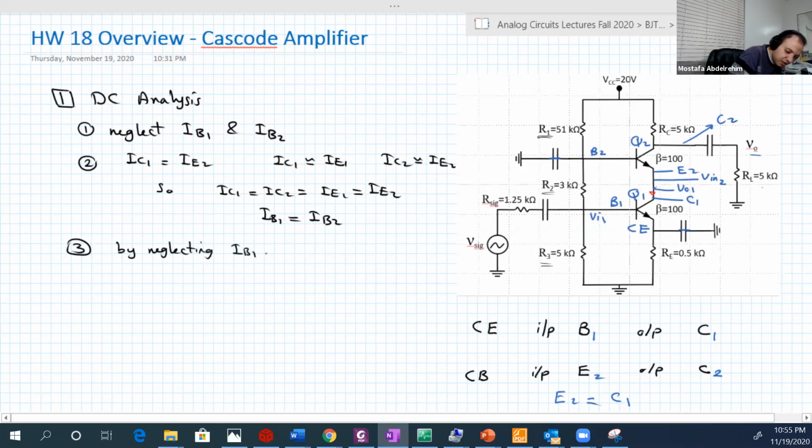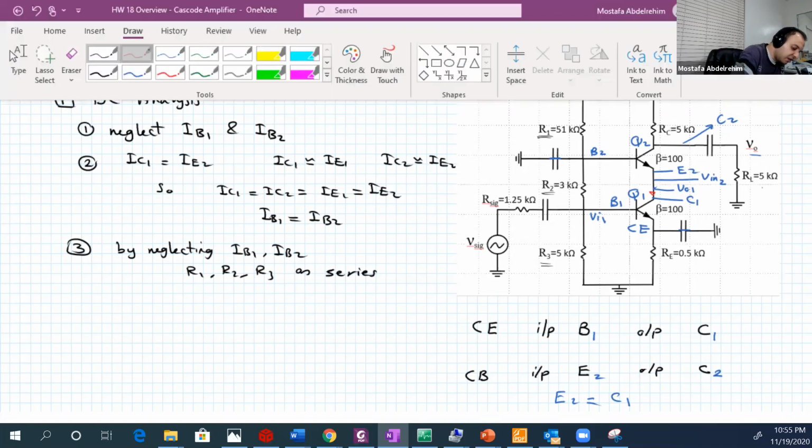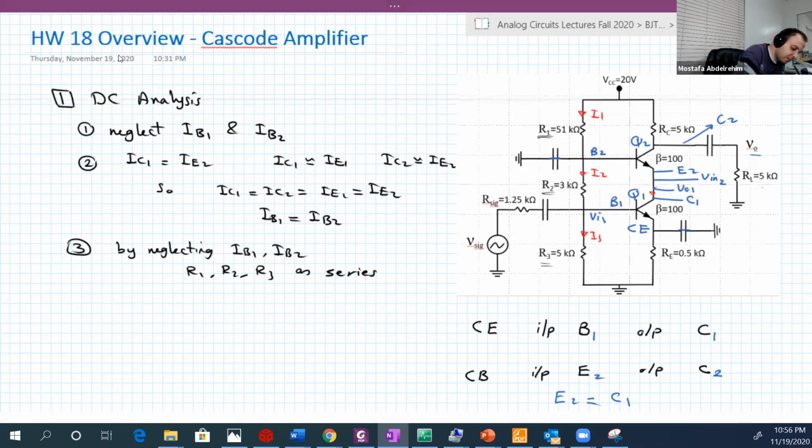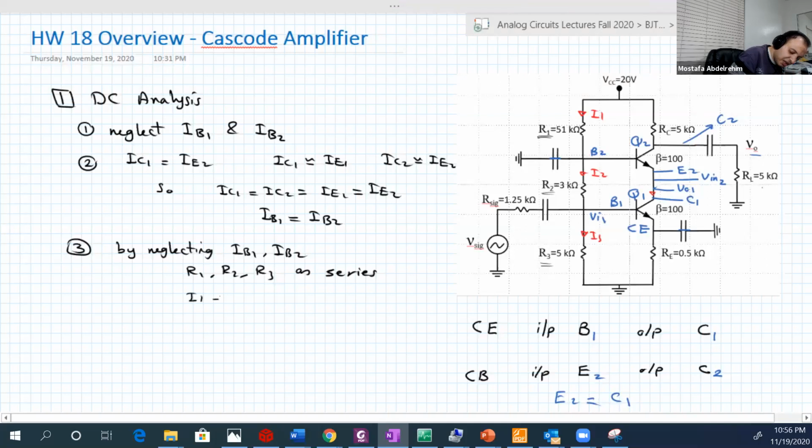I mean, if we consider a current I1, a current I2, and a current I3, you can say that I1 is approximately equal to I2, approximately equal to I3.